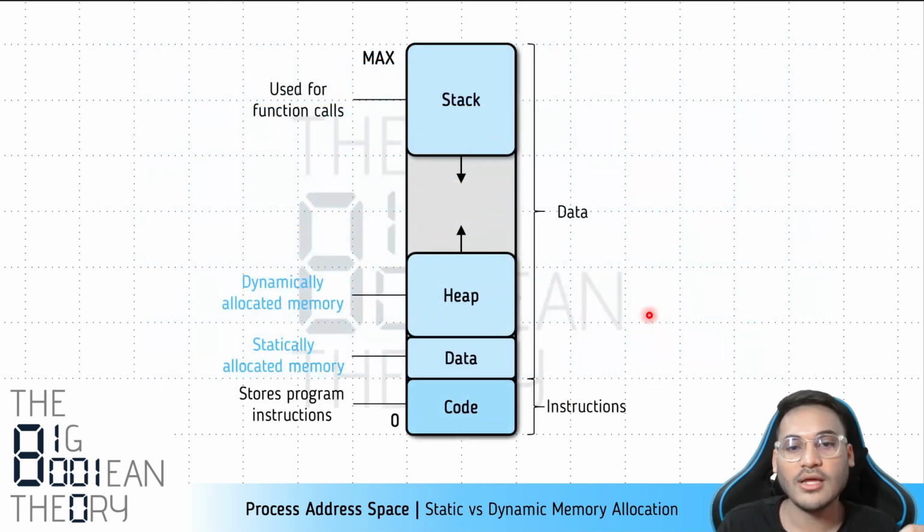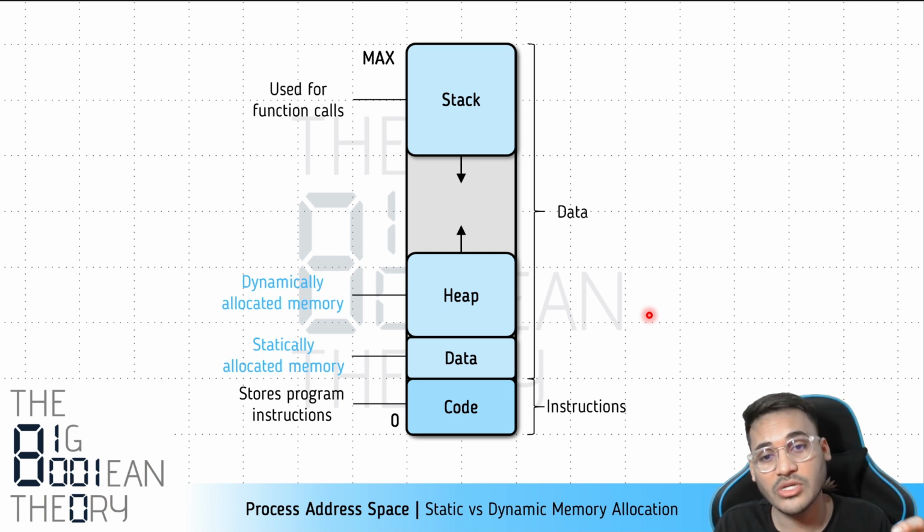So now that we have understood what is static and what is dynamic memory allocation, we have laid the foundation which we will need for the upcoming videos when we talk about the heap section and the data section, right? As we will study in the subsequent videos, we said that the heap is a region in the address space which is a pool of memory reserved for dynamic memory allocations, right?